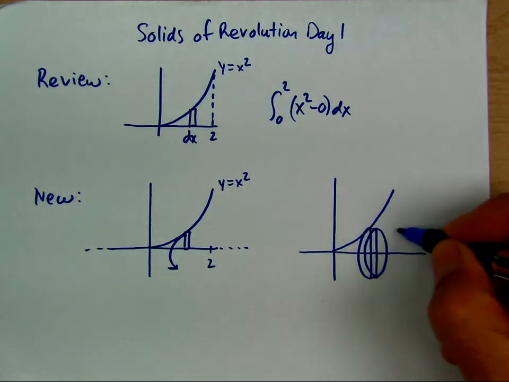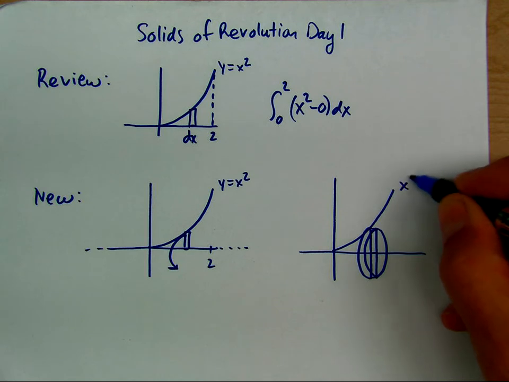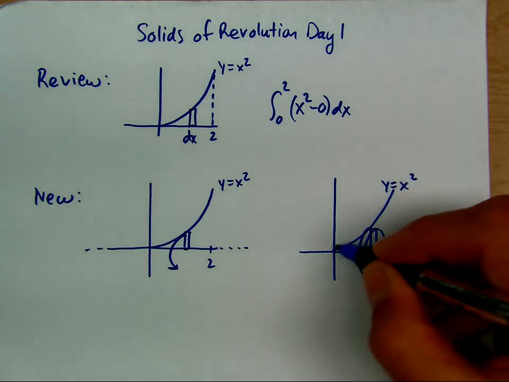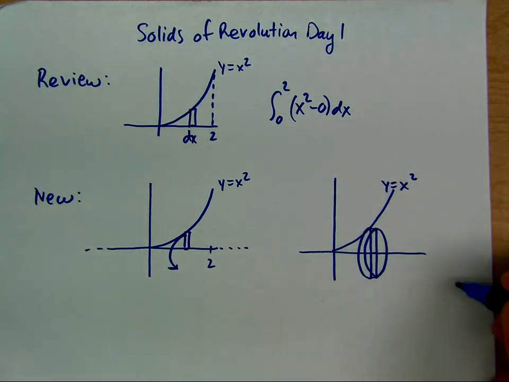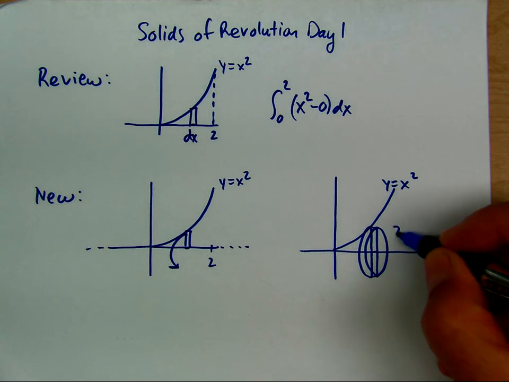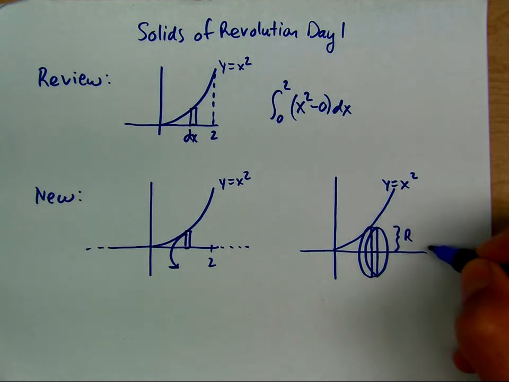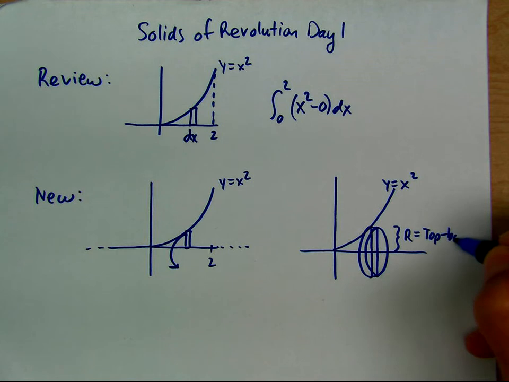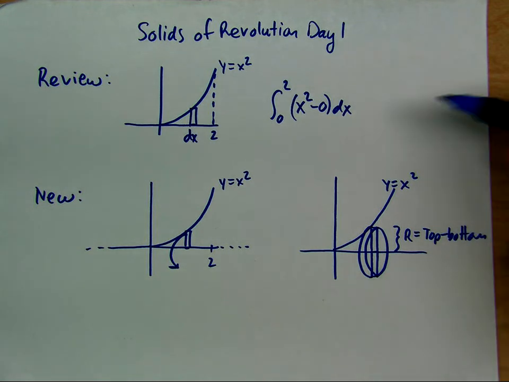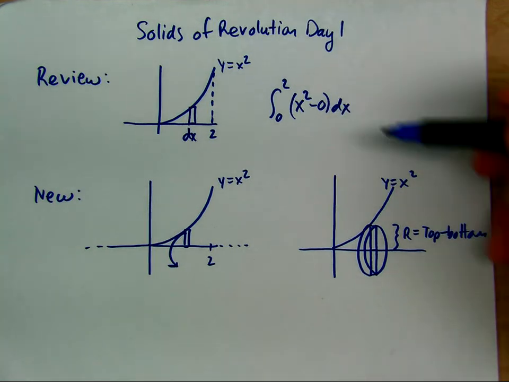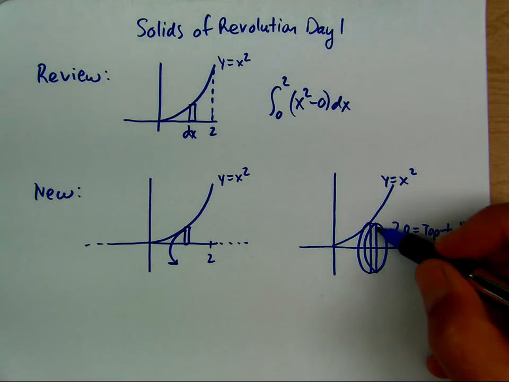The radius of the cylinder is determined by x squared. So we could say that the radius of the circle is top minus bottom, just like we've been doing with area. So now we have a radius of a circle.